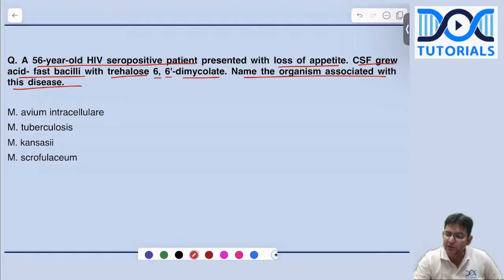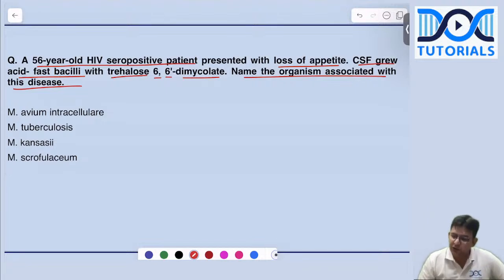Let's see what you answer. The catching hint is trehalose 6,6 dimycolate. Manisha said Kansasii. Okay, any other? What is the answer, guys? Please tell.